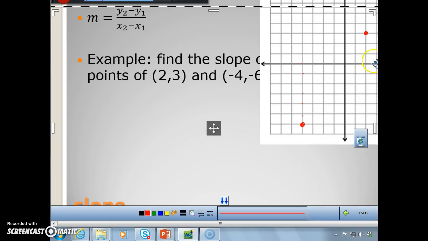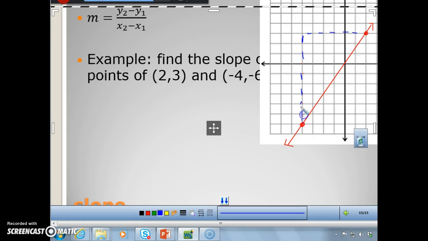And if I want to know what the slope is of this line, I can just literally count rise to run. So if I start at this point and I want to count up to this point, we want to count up and then over.